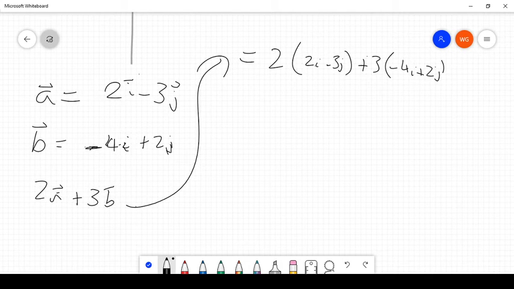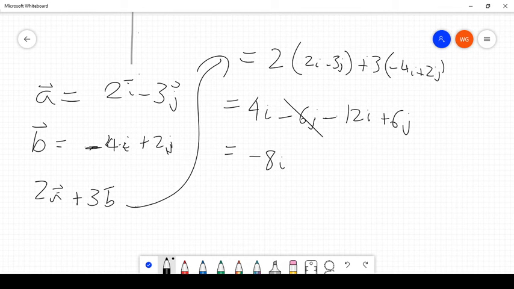Then we distribute, and this is equal to 4i minus 6j minus 12i plus 6j. Then we combine like terms: 4i minus 12i is negative 8i, and negative 6j plus 6j cancels out. All we're left with is negative 8i as our resultant vector.